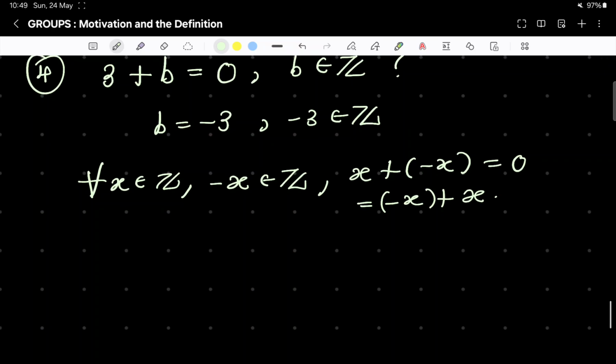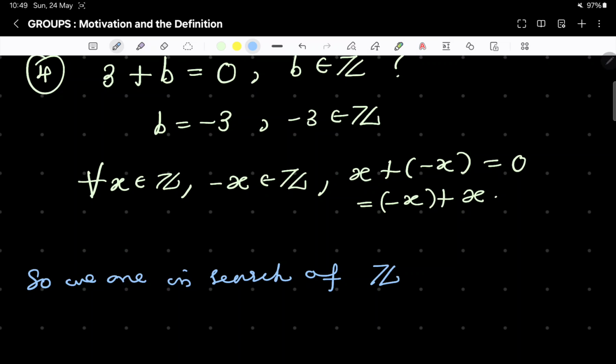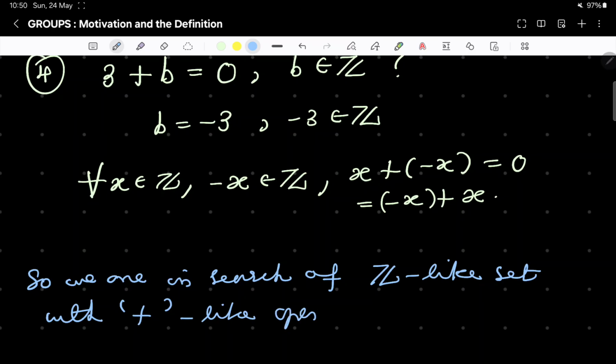So these are the main 4 properties we observe in integers, and what we are going to do is, we are in search of a set like Z with an addition-like operation, right?